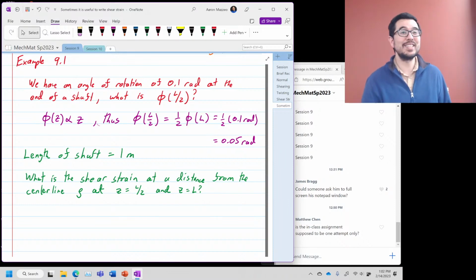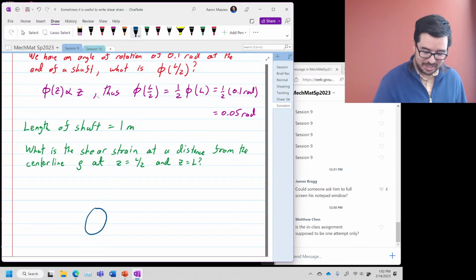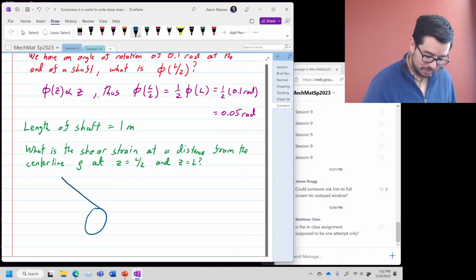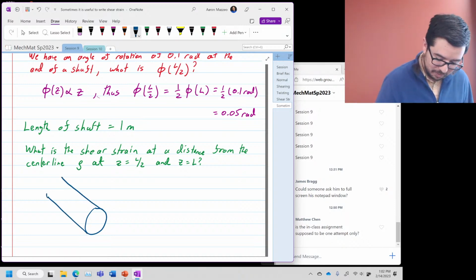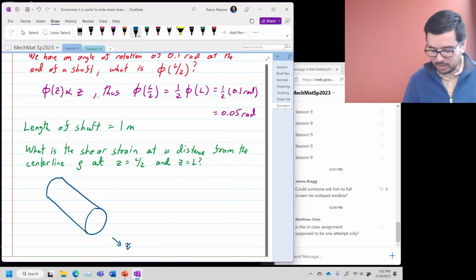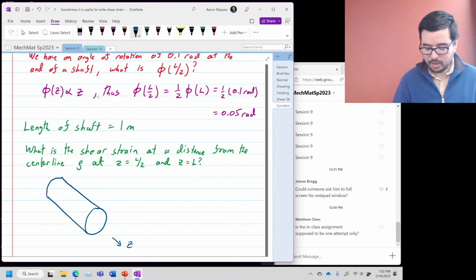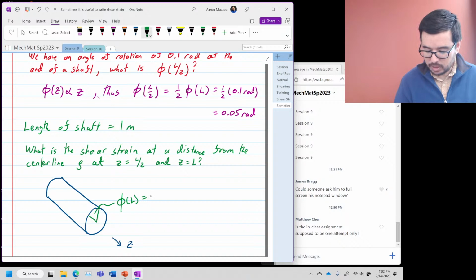Sure. Maybe having a picture would be nice. Okay, fine. So let's draw a picture. That's z. And we have some angle here, phi at L, that's equal to 0.1 radians.